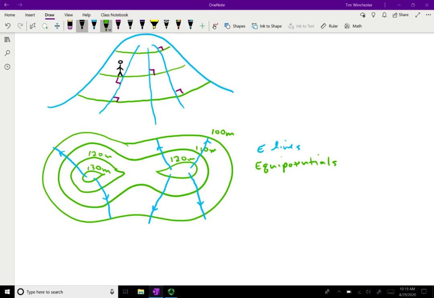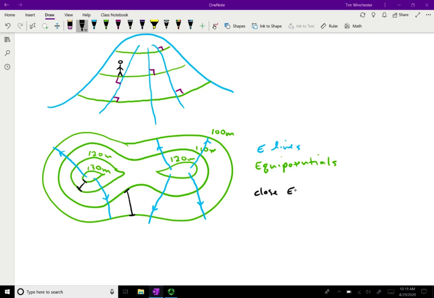So if I look at a place where the elevation is changing rapidly like this, or I look at some other place where the elevation is changing slowly like this, well, if it takes a long distance for the elevation to change a little bit, then it's not very steep. If the elevation is changing rapidly in a small region, then it's very steep. So where equipotentials are close together, we also have a strong electric field.